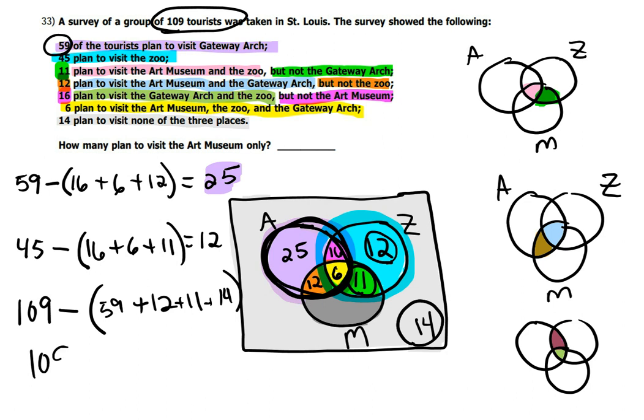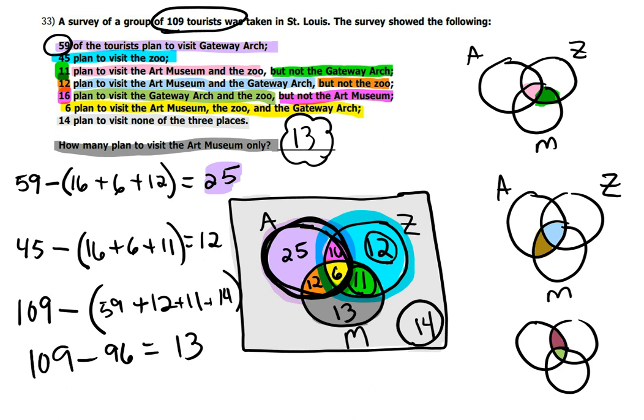And when I add all those numbers up, I think it was 96. And then when you subtract from 109, you get 13. So that's 13. And that was their question. How many plan to visit the art museum only? 13. That was that gray area.